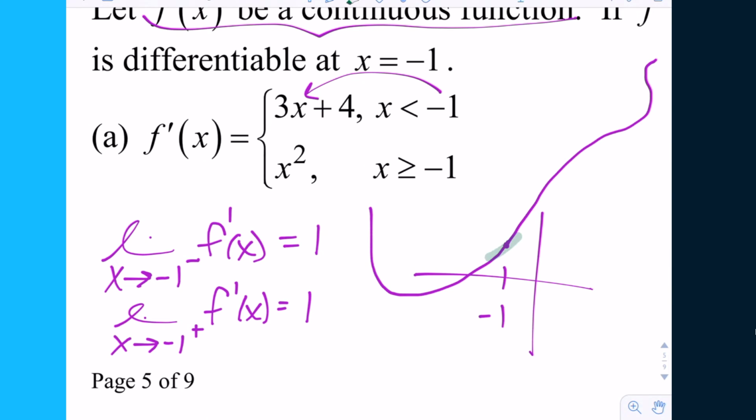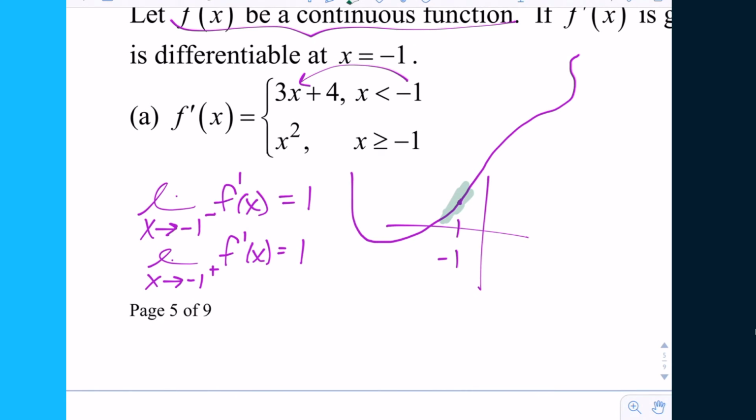Such to the point that if you weren't told that x equals -1 was the x value where the exchange was happening, you wouldn't be able to pinpoint it exactly, because it's such a smooth transition from one function to the other, right? So this function would be differentiable.